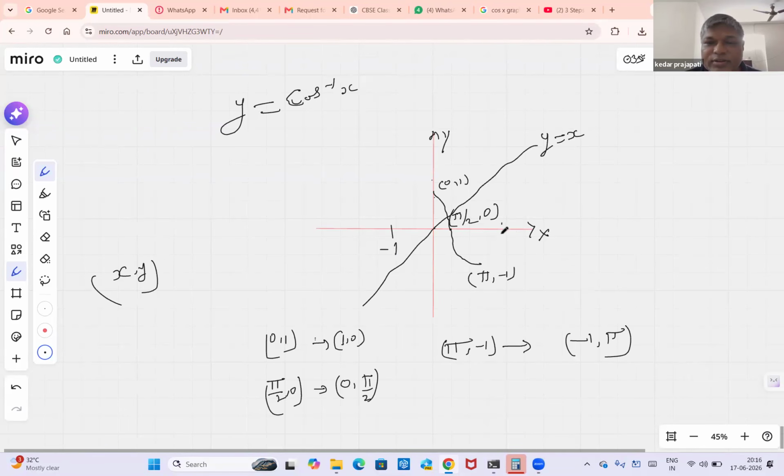This will become 1. And this will become pi. Somewhere we will get pi by 2. Let's assume I'm getting pi by 2 here. And this will be 0. Correct?